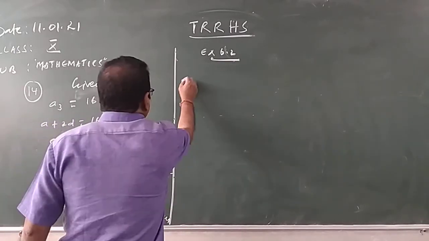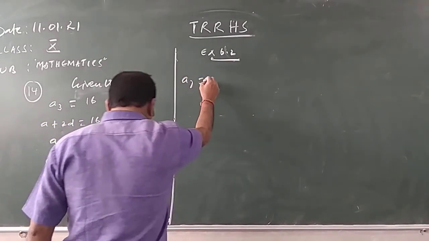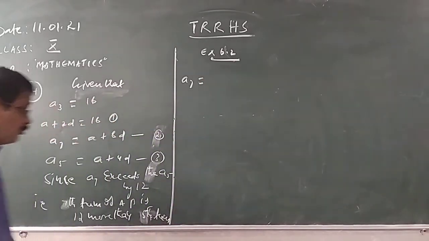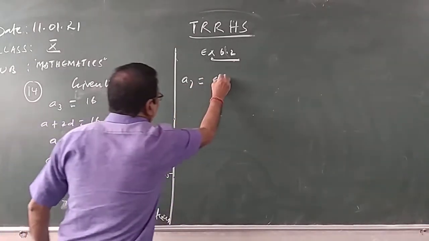That is, A7 is 12 more than the fifth term.